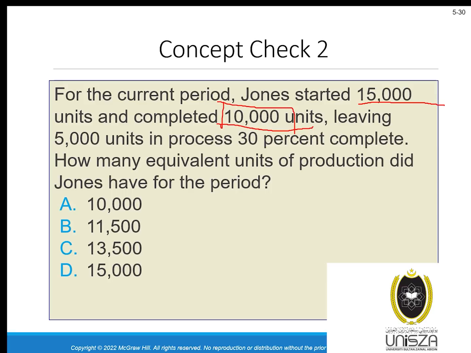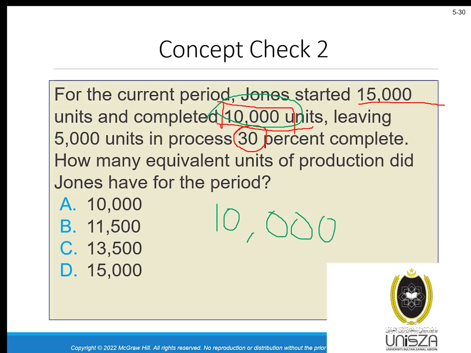Meaning that we still have another 5,000 units that are still not complete, but are 30% complete. How many equivalent units of production did June have for the period? The first is the confirmed completed units, 10,000 units.